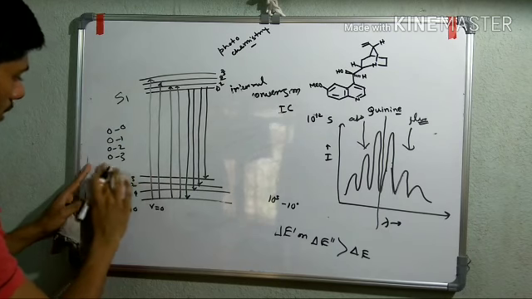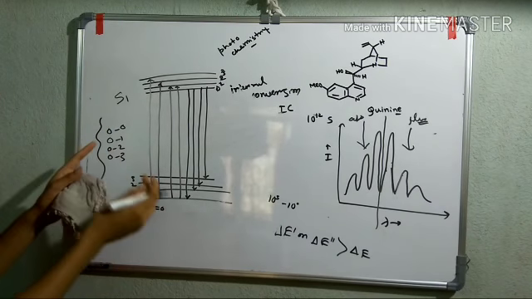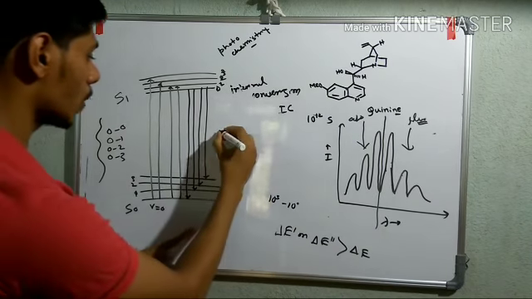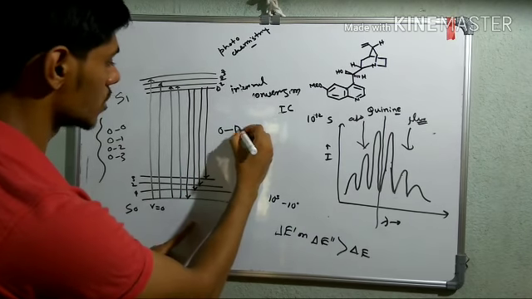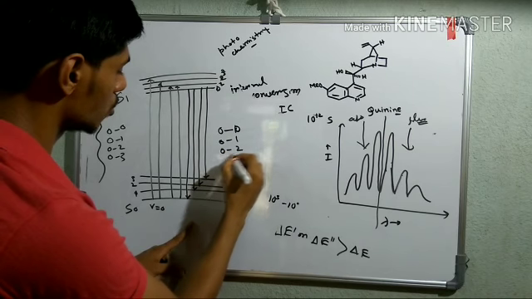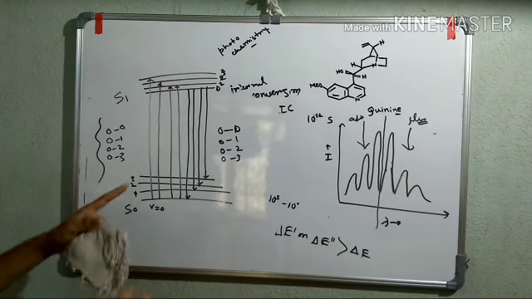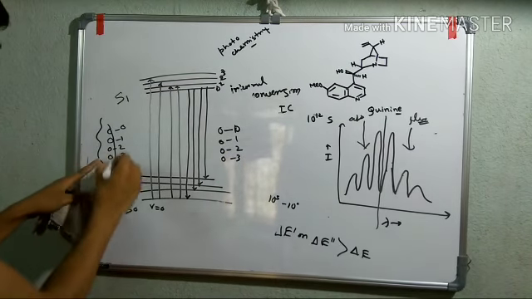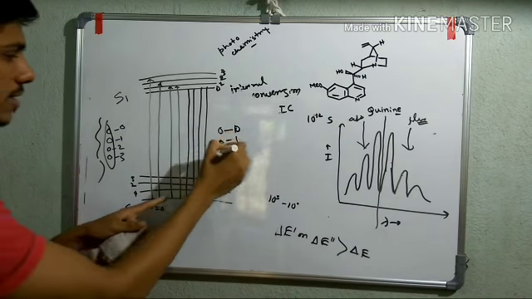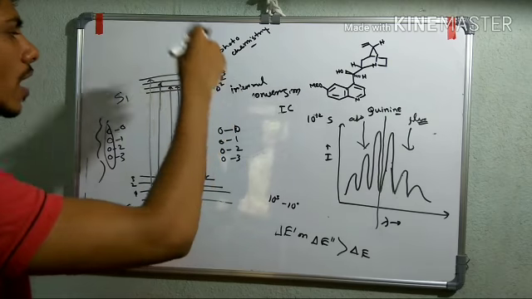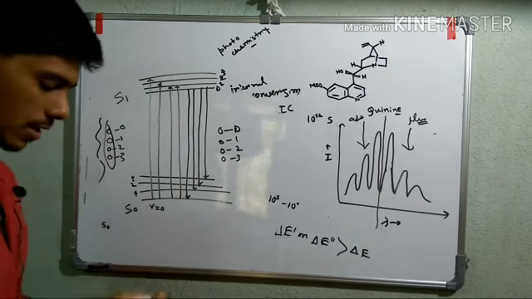This is the phenomenon for your absorption process, and the same phenomenon occurs for the fluorescence process, that is 0 to 0, 0 to 1, 0 to 2 and 0 to 3. The only difference is that in one case this 0 is the 0th vibrational level of your ground state, but in the other case the 0 is the 0th vibrational level of the first excited electronic state.